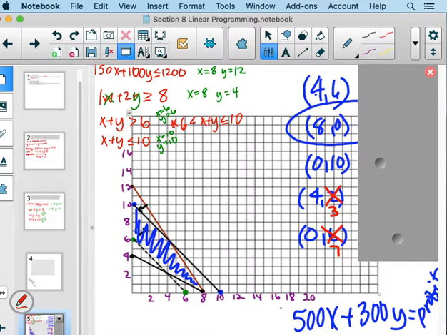So the profit was the 500 and 300. It's going to be 4 times 500 plus 6 times 300. So check the profit for each of those ordered pairs. We'll wait about another minute or so.